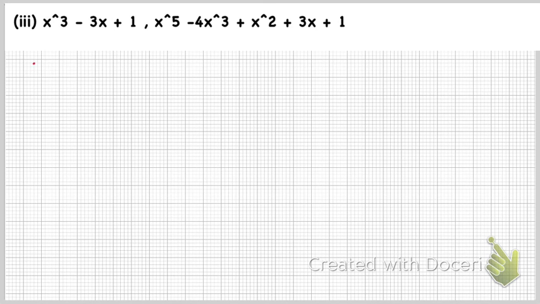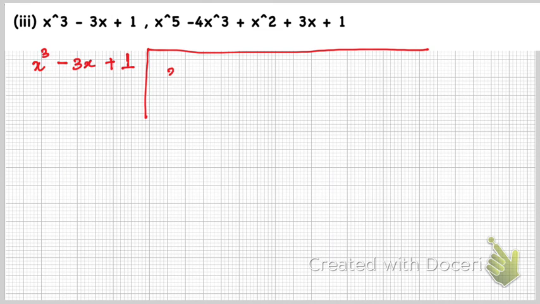We will write the first polynomial first, x cube minus 3x plus 1, and polynomial px, that is the dividend polynomial, x to the power 5 into 4x cube plus x square plus 3x plus 1. We have written it over here. Now here the first term is x cube and here the first term is x to the power 5.